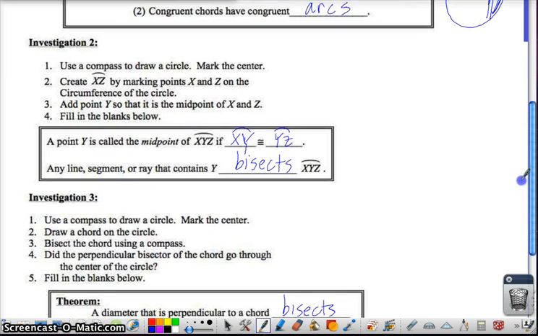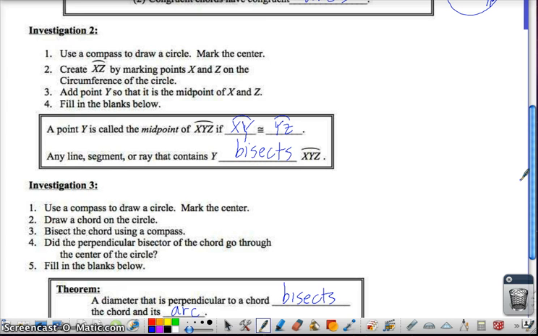Moving down to Investigation 2, if you already did that, or if you want to stop and do that one, then you can figure this out after, or if you already did it, then you can see the answers now. So a point Y is called the midpoint of arc XYZ.